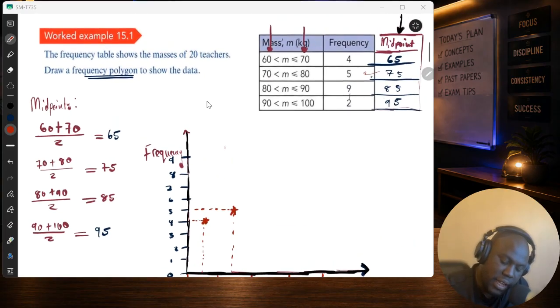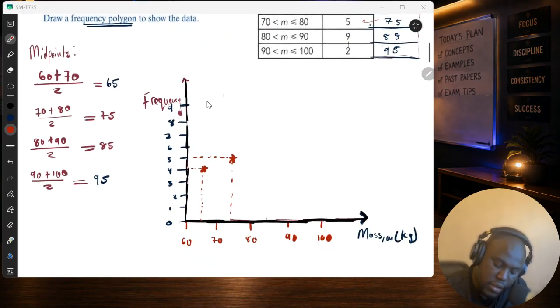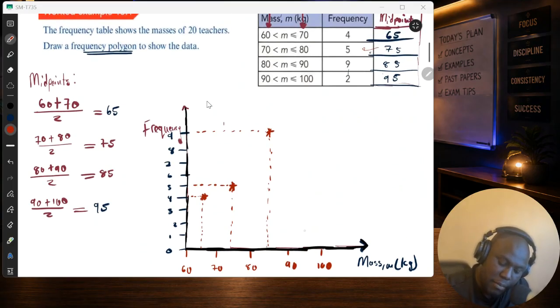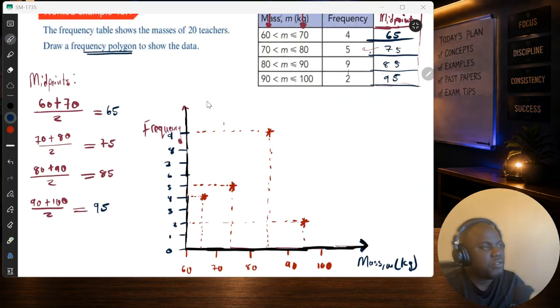Then you're going to have 85 meet with 9. So 85 goes all the way to meet with 9. Then 95 meets with 2. Now you have it like this.